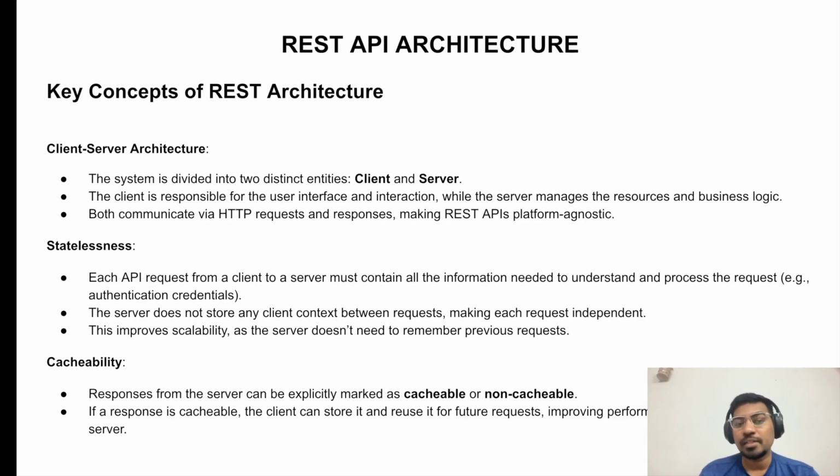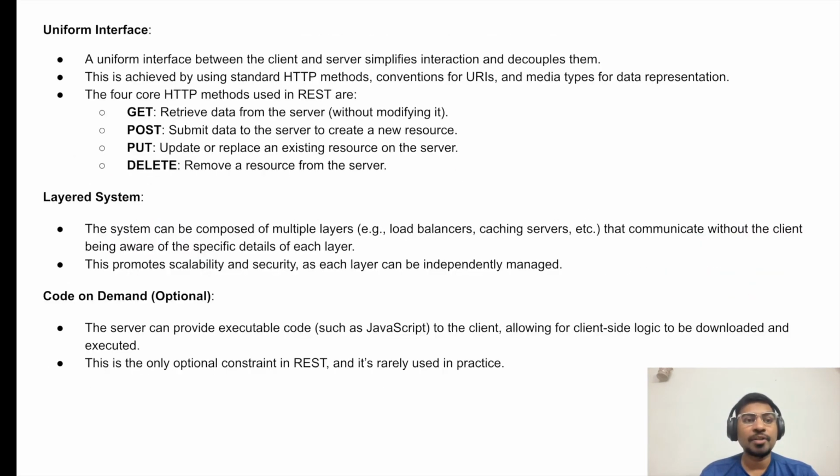Then we have cacheability: we can use cacheable or non-cacheable APIs, depending on our requirement. And then we have a uniform interface, layered system, and code on demand, which is optional. If you want to use it, you can; otherwise that is okay.